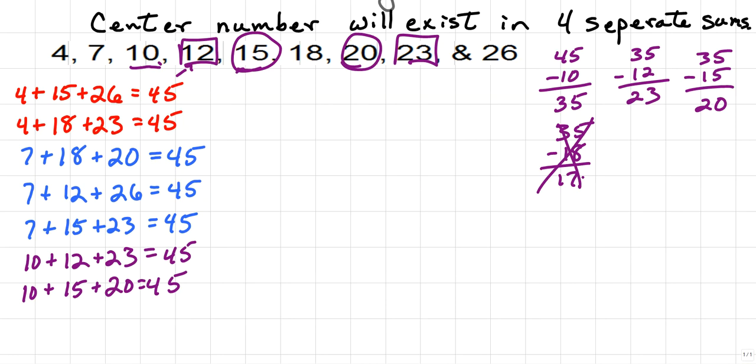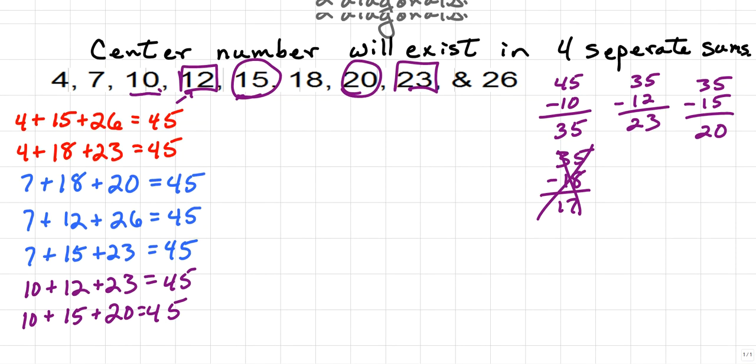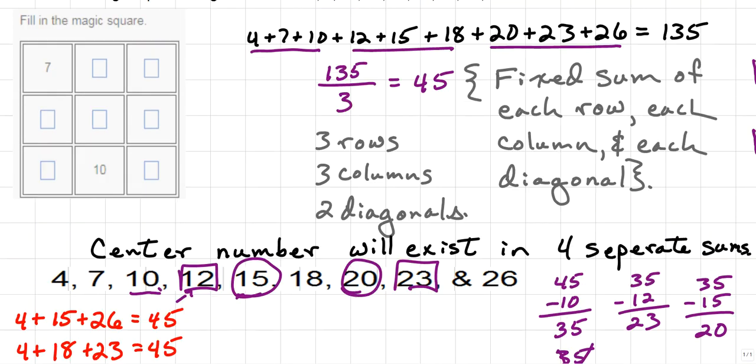So now we're looking at these different possibilities. And it makes sense that 10 will only have two triples that it is part of, because if we scroll back up and look at the magic square, we'll see that 10 is in this column and this row. So it's only part of two sums, I should say.